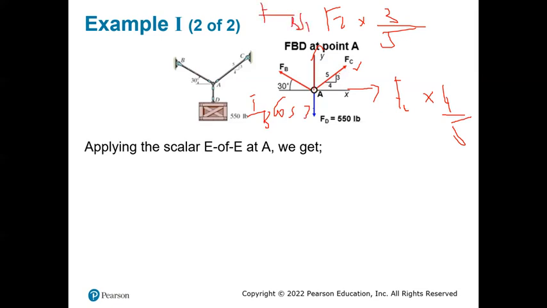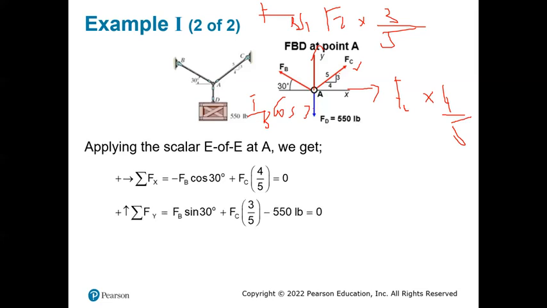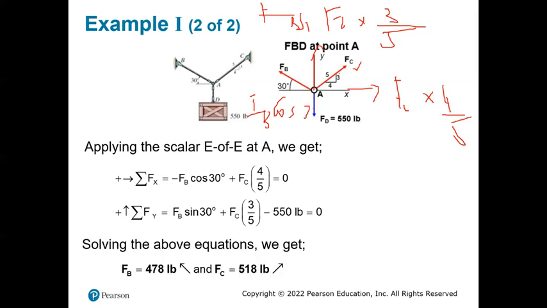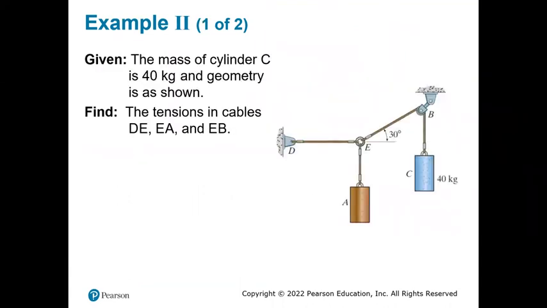Now I write that horizontally, and FC in the vertical direction. When I solve this to get my F, it's just the magnitude here. Okay, that's one example. Let's look into the next one.